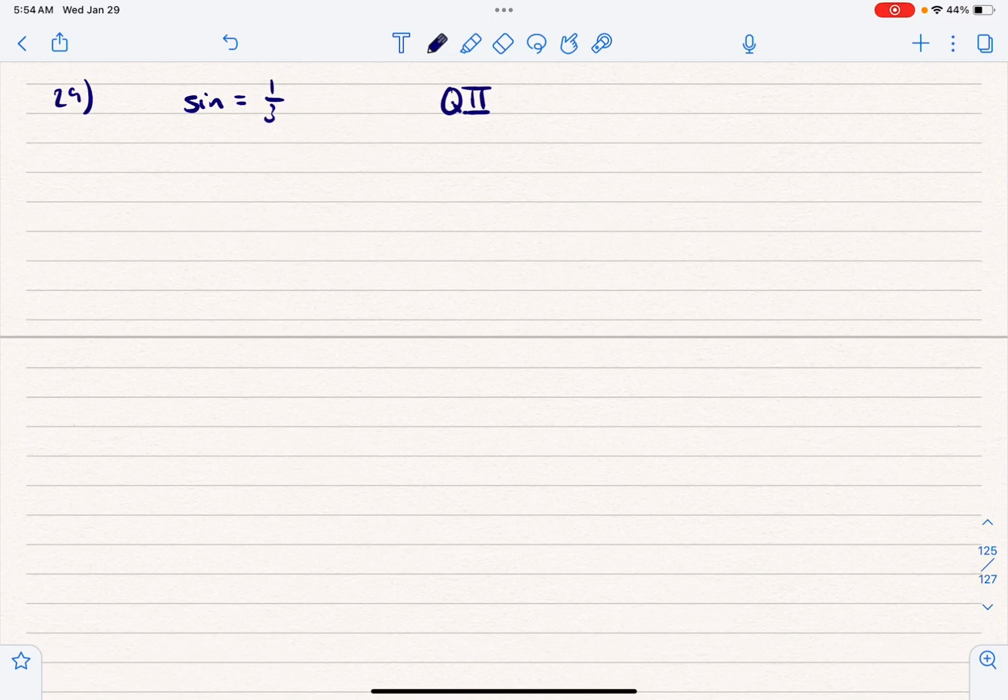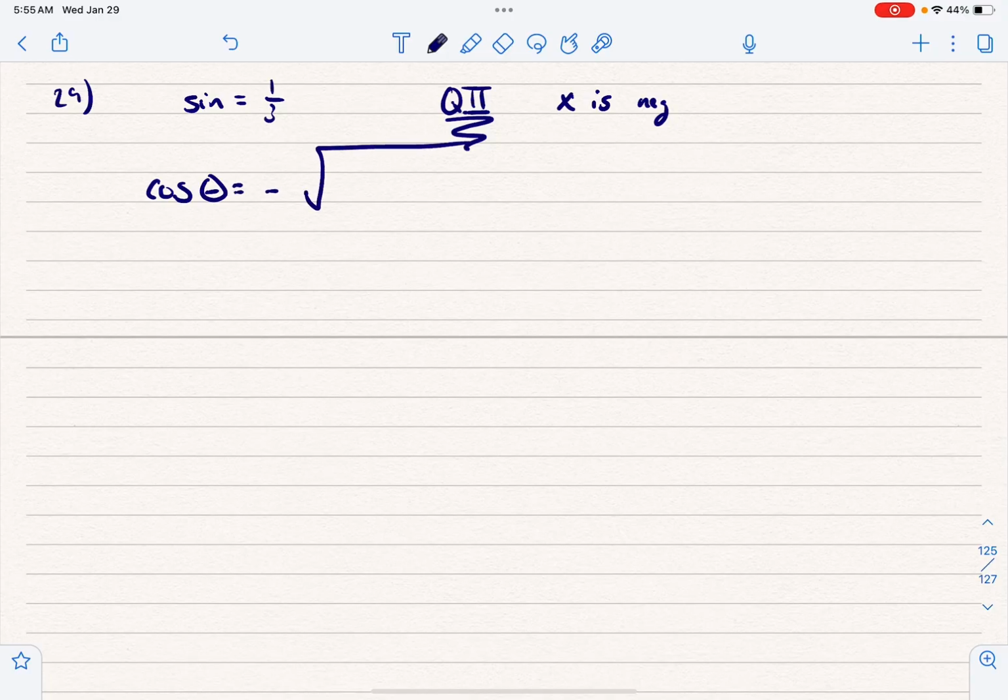Number 29 says sine theta is 1/3, but this is in quadrant 2, so therefore we know that x is negative. So when we find cosine, we know it's going to be a negative value. I say cosine theta is equal to negative square root of 1 minus 1/3 squared, which is 1/9. We know that 1 is the same thing as 9/9, so when we subtract 1/9 we get 8/9.